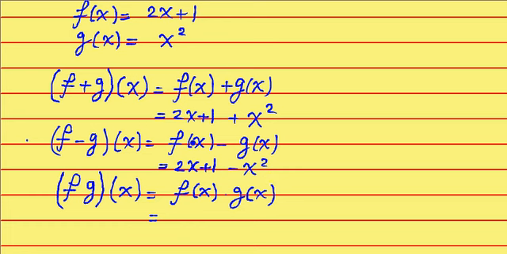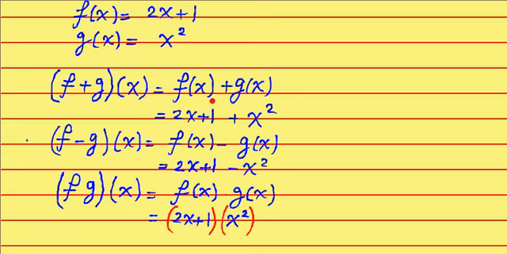So for f of x, we get the output. Now notice that if I write 2x plus 1 times x squared, that is not really correct, because it's not clear what I'm supposed to do here. Unless you put parentheses, it's not going to be clear. 2x plus 1 is the output of one, x squared is the output of the other one. So you're always safe in these cases to wrap the output of each one in parentheses and then follow up with whatever you were supposed to do.